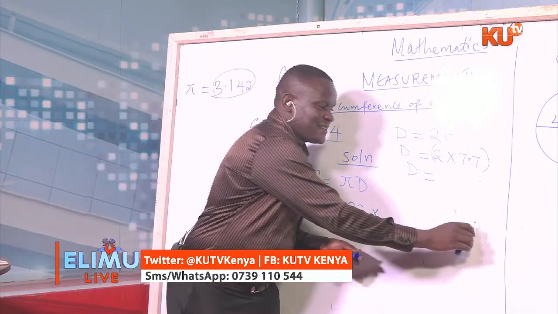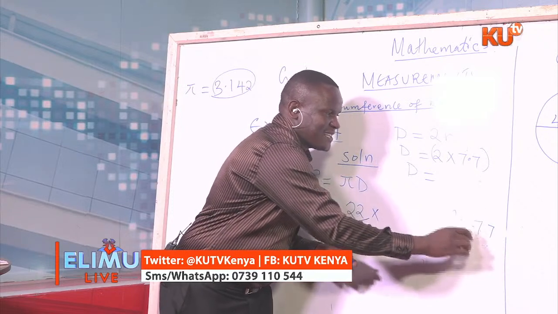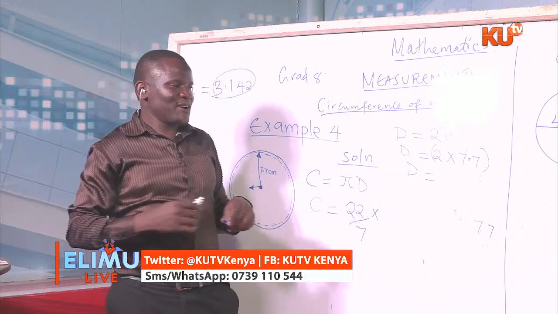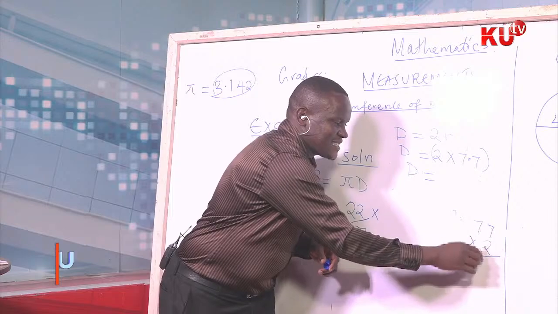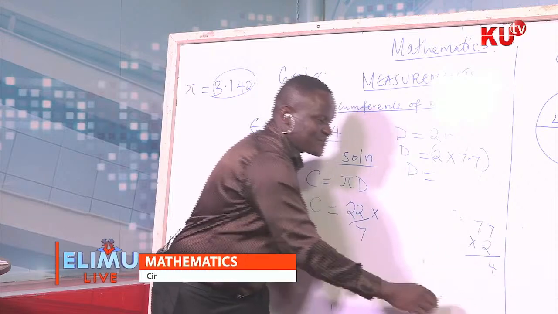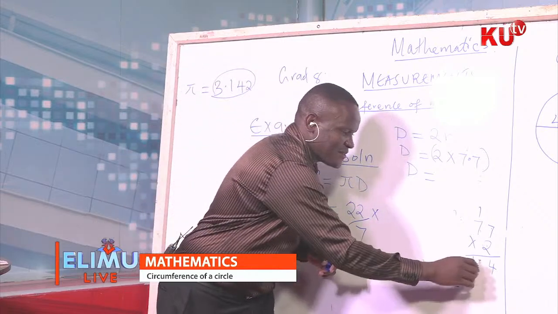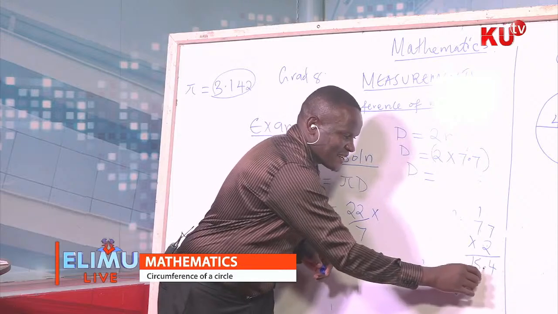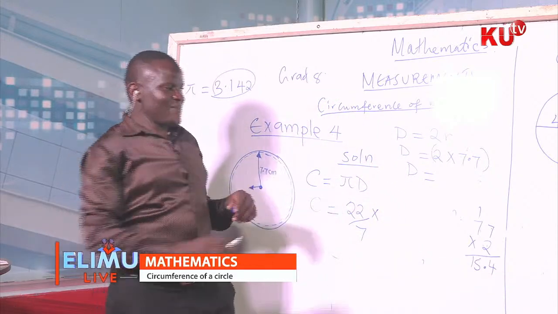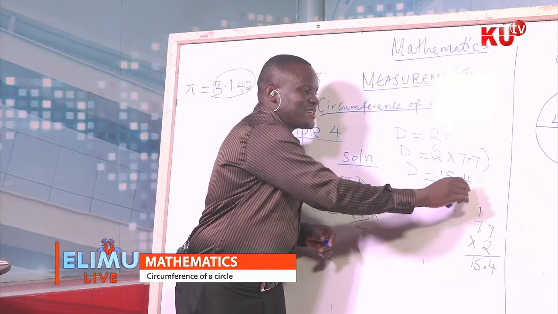We have 77, we have dropped the decimal point. Let's multiply by 2. 7 times 2, 14. We carry 1. 7 times 2, 14 plus 1, 15. Let's introduce our decimal point. There we are. So our diameter will be 15.4 centimeters.